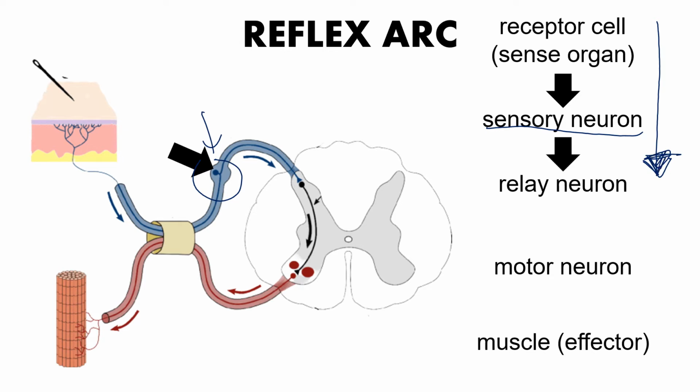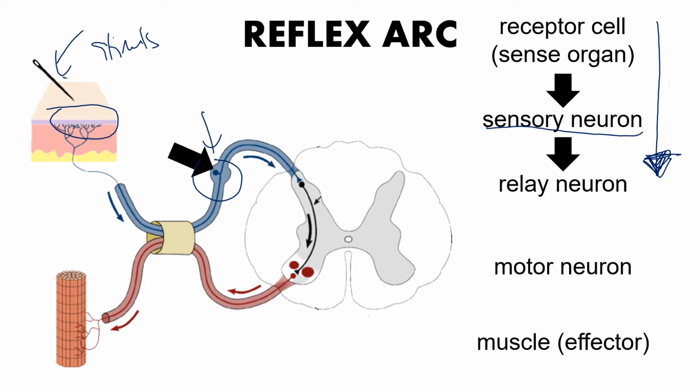The impulse will be generated here because we have the stimulus, the sharp pin. If there is no stimulus, then the receptor cell will not generate any impulse. Because there is a stimulus, the receptor cell will produce an impulse and the impulse will be transmitted along the sensory neuron.